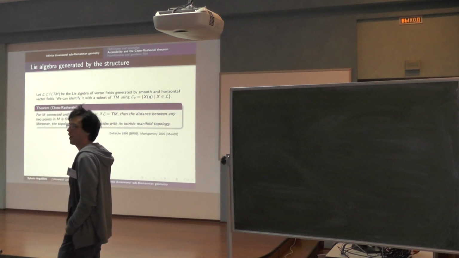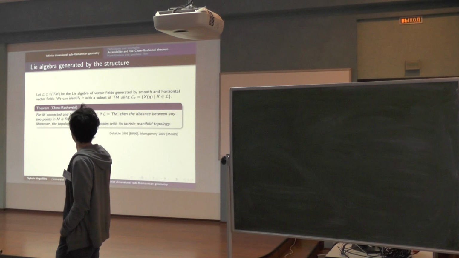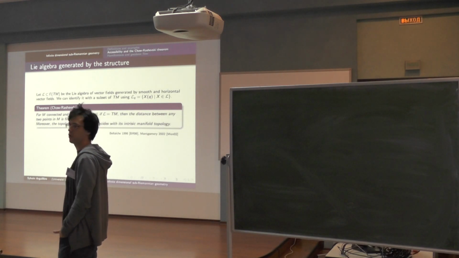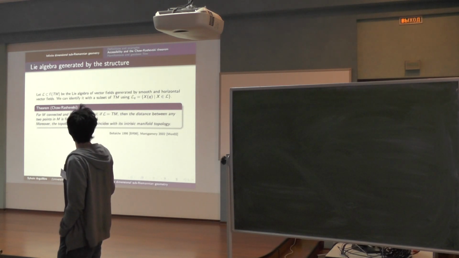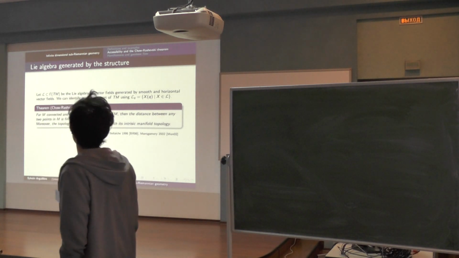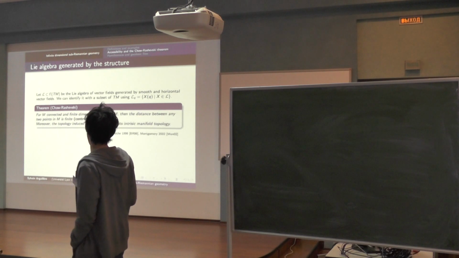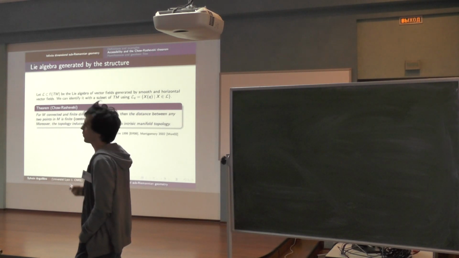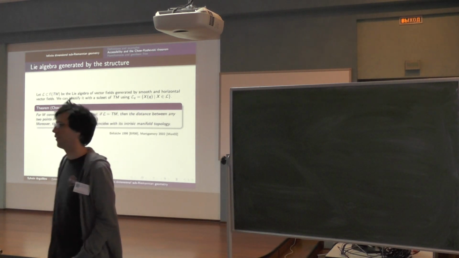And moreover, you have the ball-box theorem, which tells you that the topology induced by the sub-Riemannian distance is the same as the intrinsic manifold topology. There are some results that tell you that the Hausdorff dimension is not the same, but the topology itself is the same.